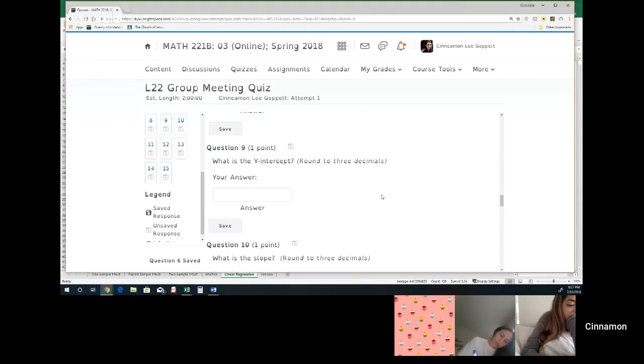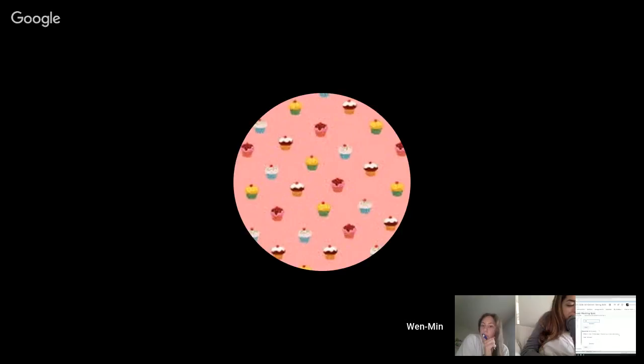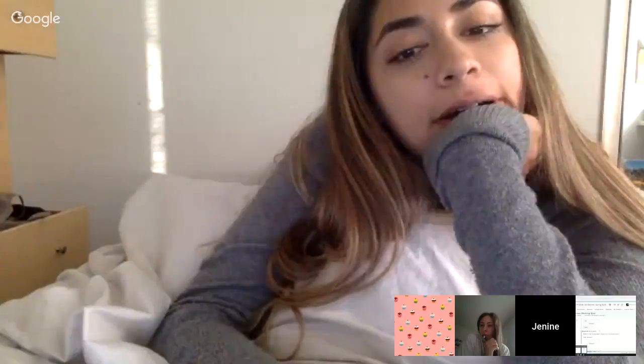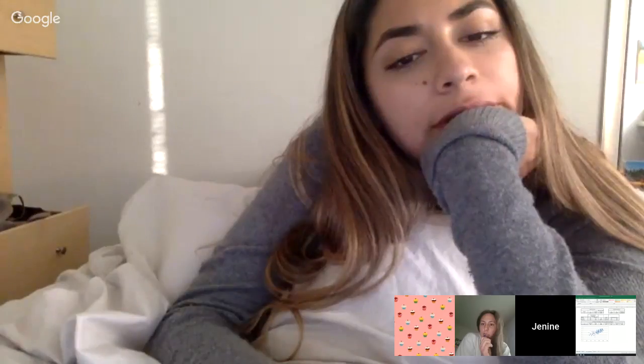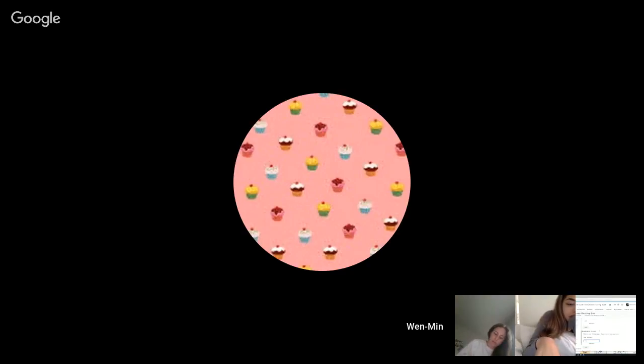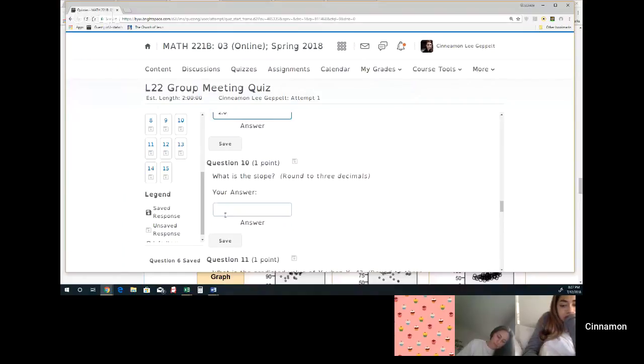Okay, number 9. What is the y-intercept? So 2.0. Yeah. Okay, what is the slope rounded to 3 decimal places?